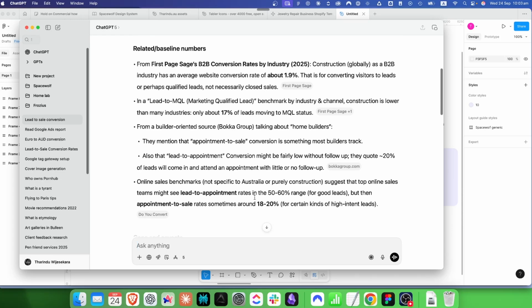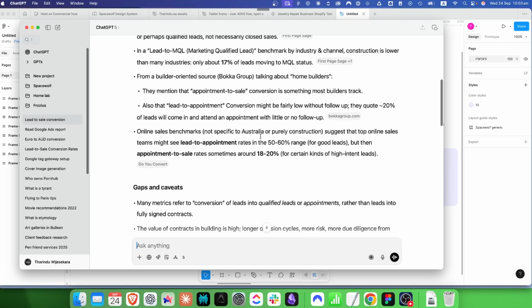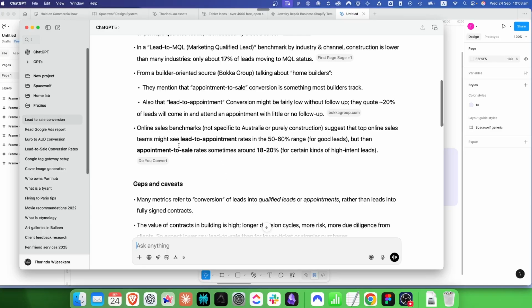I don't know what that is. For construction, 15 to 60 range. Lead to, there you go. Lead to appointment rate is 50-60. That's not what we want. Appointment to sale rate is about 18-20, but we want lead to sale rate.